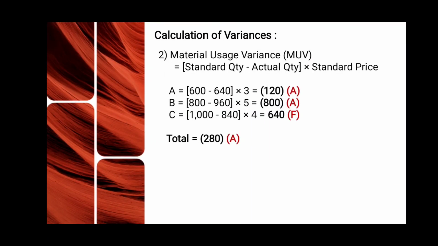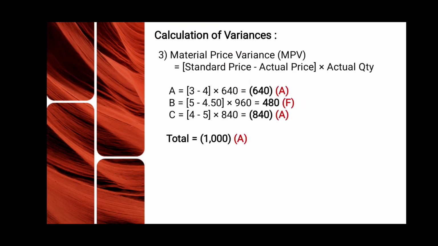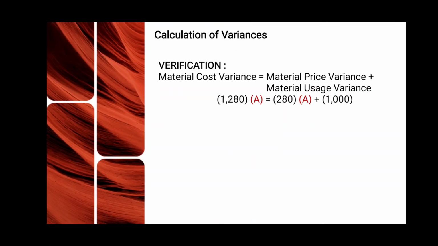Material usage variance amount is 280, that is negative. So we'll record it, rupees 280, that is adverse, plus material price variance, which is rupees 1000, which is negative. So we'll record it, rupees 1000 and mark it as A.